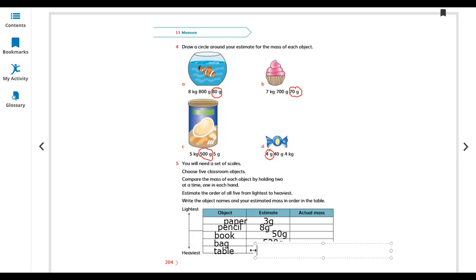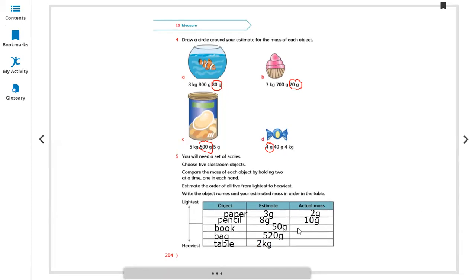And table is more than 2 kg. So we can write here 2000 gram or 2 kg. Now actual paper, maybe this is a 2 gram, and pencil maybe 10 gram, book 50 gram.